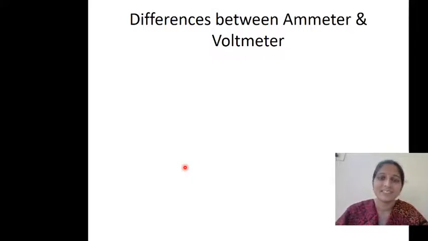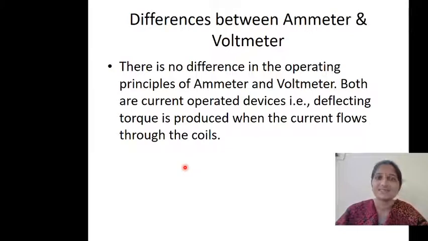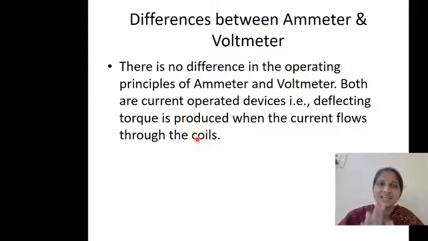Here we can see that there is no difference in the operating principles of an ammeter and a voltmeter. Both are current operated devices. That is, the deflecting torque is produced when the current flows through the coil. The deflection takes place whenever the current flows through the coil. Then what is the difference between an ammeter and a voltmeter?